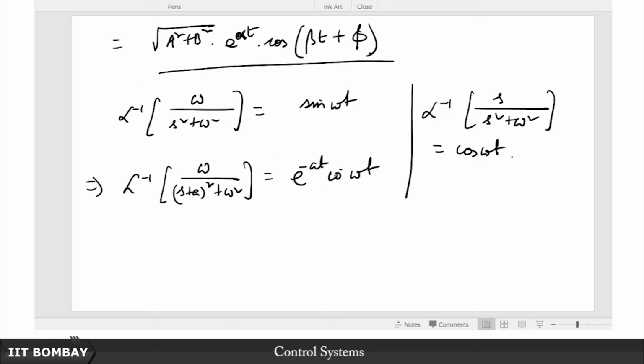Or is it, no, it's going to be sine, that was my bad. It's going to be sine, that's right. So the same thing you can apply the complex shift property.